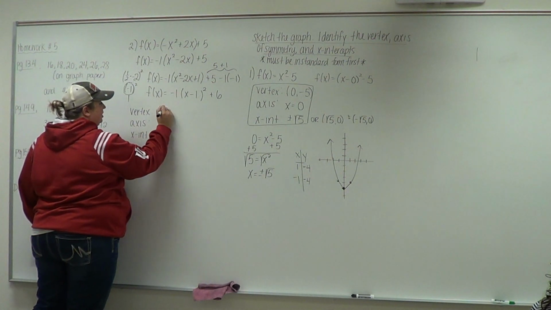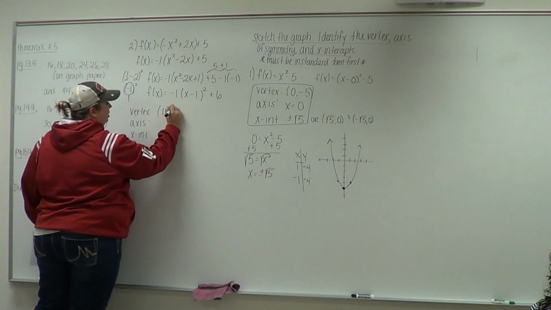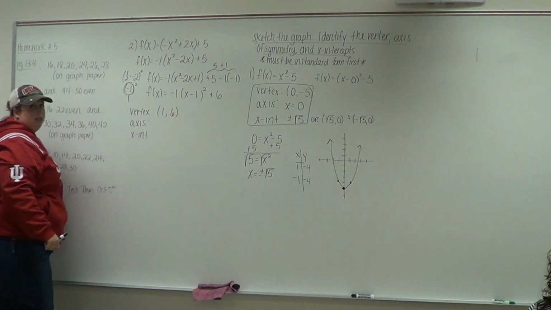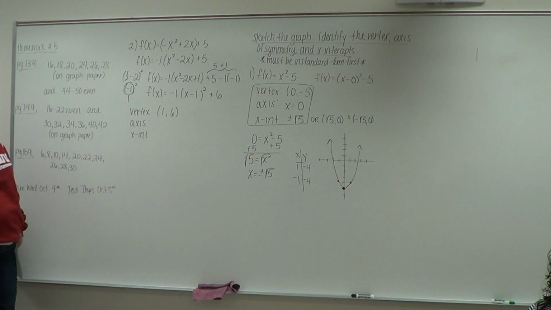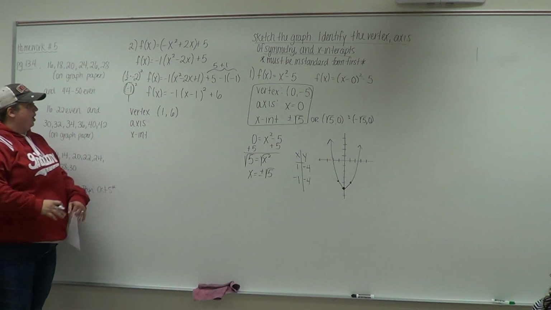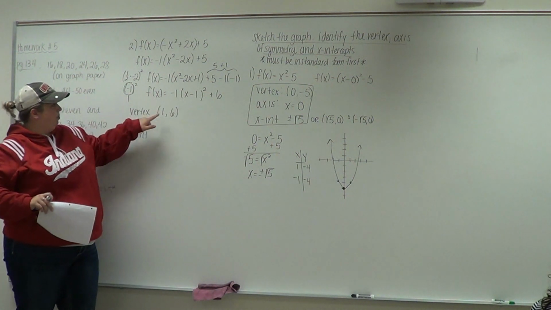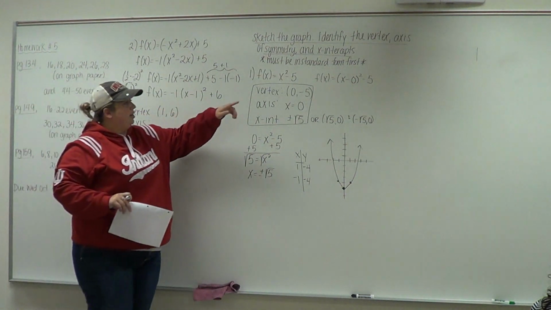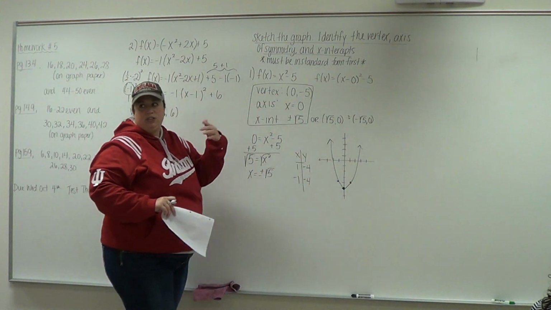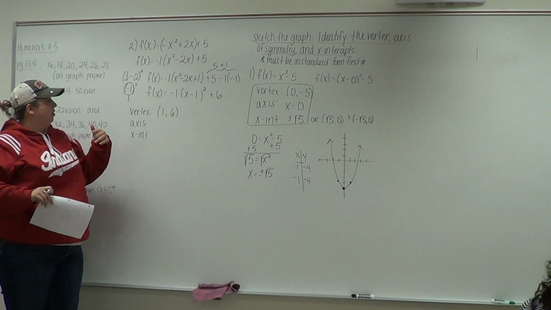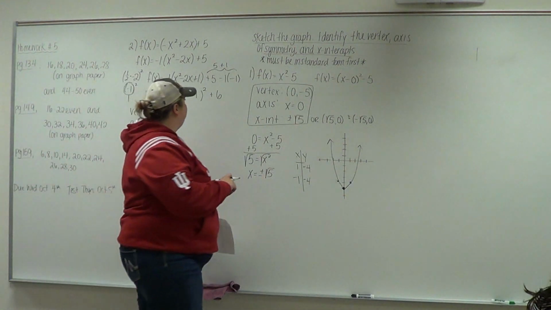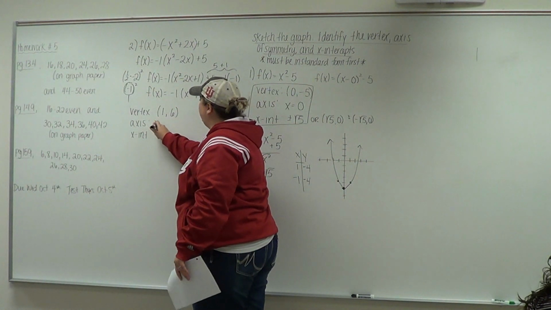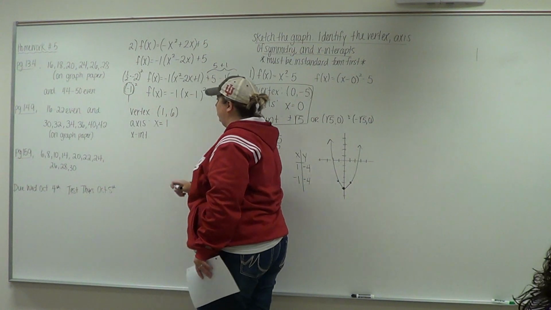So my vertex is going to be positive 1, positive 6. Whatever this is, when you pull it out, changes. It didn't change it right here because it was just 0. 0 doesn't have a positive or a negative. Okay, then our axis of symmetry would be x equals 1.